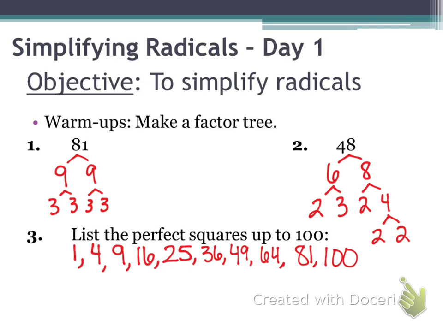Questions about how we come up with perfect square numbers? If you know your perfect square numbers, that will help you immensely with simplifying radicals. So I know it's just a warm-up. We don't usually think these are too terribly important, but I would maybe put a star by this one because knowing these numbers can be very useful for the next couple sections.